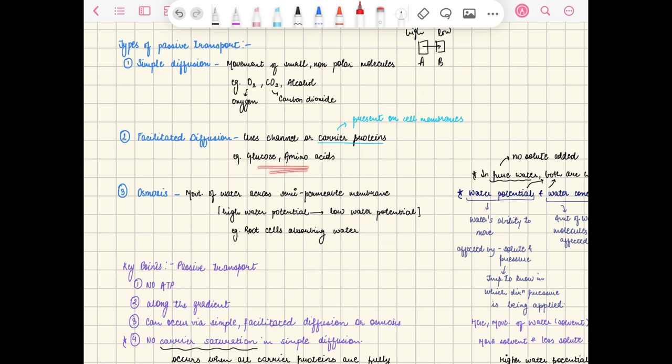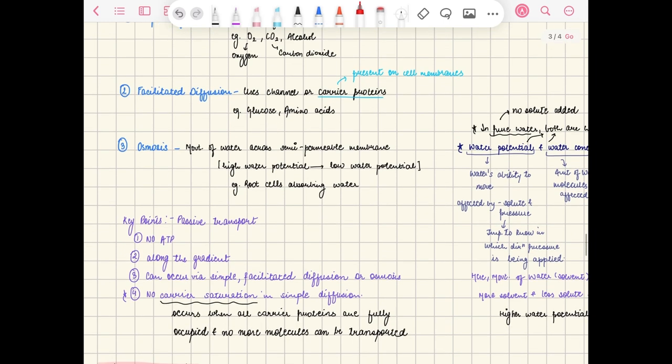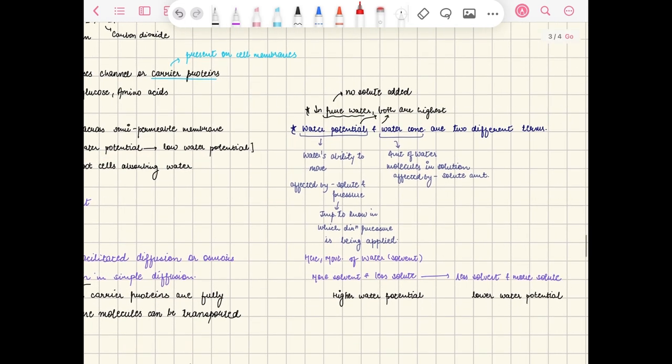pass through. Okay? And osmosis: we studied the movement of water across a semi-permeable membrane, from high water potential to low water potential, for example root cells absorbing water. Now here we have to note that in pure water, water potential and water concentration are the same because no solute is added.